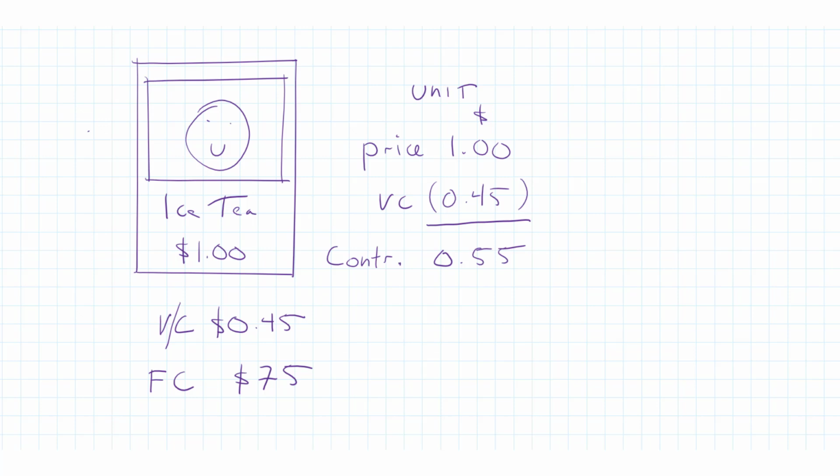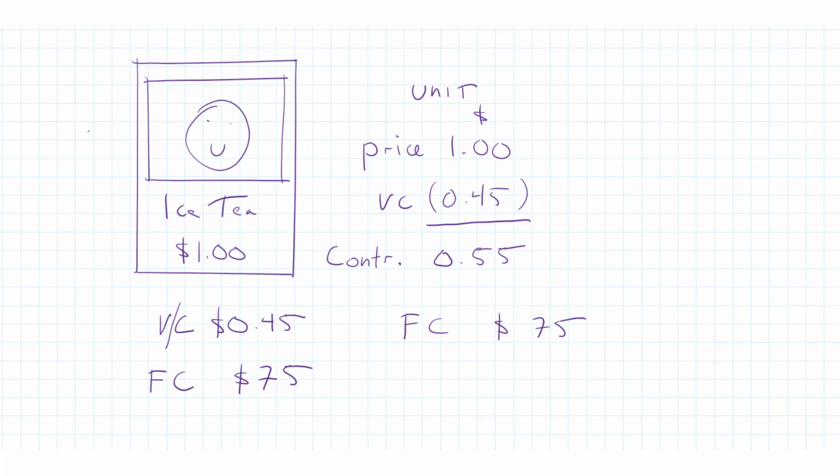For example, I can understand my break-even point with this information. My fixed costs are $75. I would like to know how many bottles of iced tea I need to break even, to cover all of my costs, so I'm not at profit, I'm not at loss.